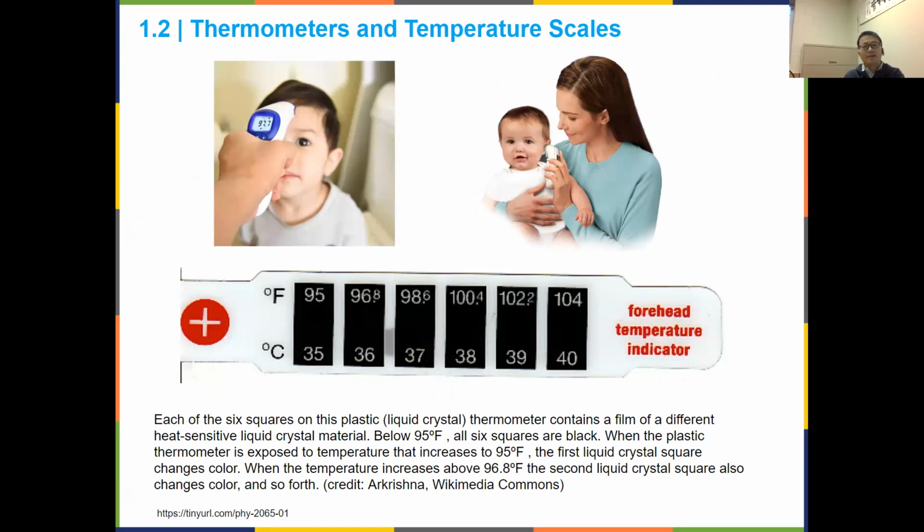But let's say you forget to bring a thermometer with you because you think you are going to travel abroad, right? You will enjoy it. You wouldn't think about the case of getting sick, right? So in that case, how would you convert the temperatures from the ones you are familiar with in Fahrenheit to Celsius or the other way around?